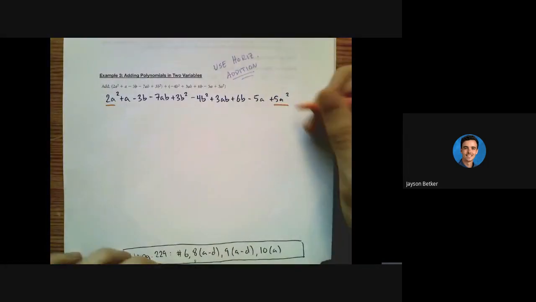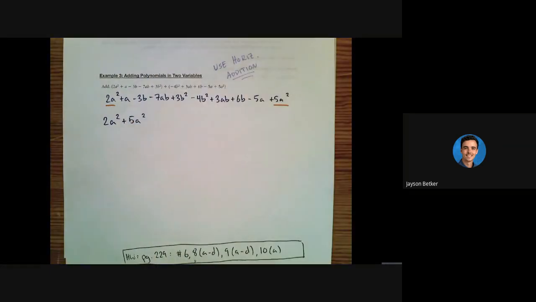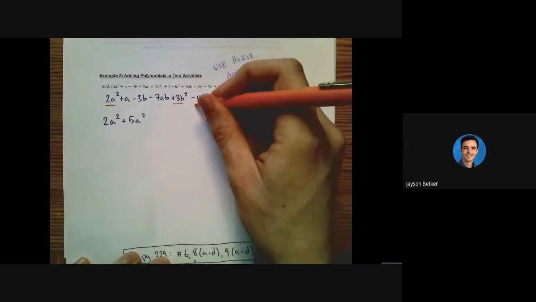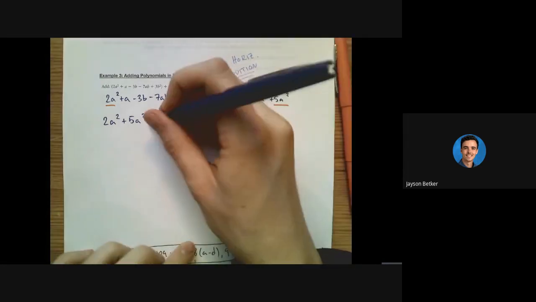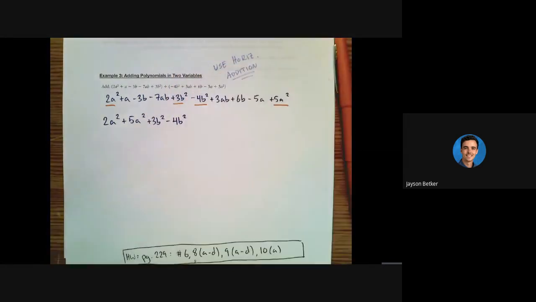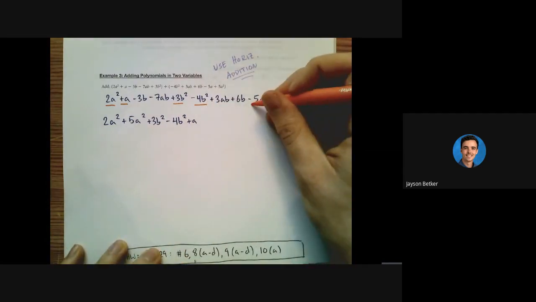So 2a squared and 5a squared, I'm going to pull out here and put them together right beside each other. So 2a squared plus 5a squared. And you know what? Let's do the b squared as well. So plus 3b squared and then minus 4b squared. And then let's do the a's, where I've got a, I'm going to pull out, so plus a, and then minus 5a.